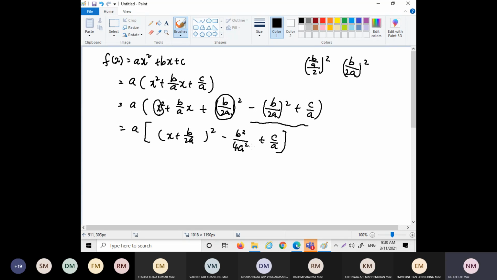I'm not sure whether I can combine these two, but I think I will just leave it first. Next I will bring in the a for this. So a, b over 2a. Actually, I can see the answer already.